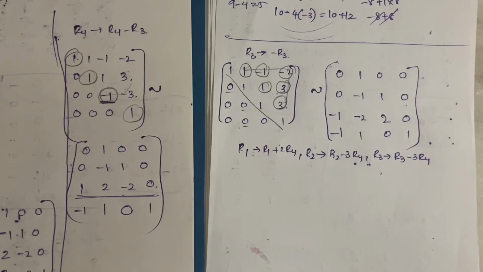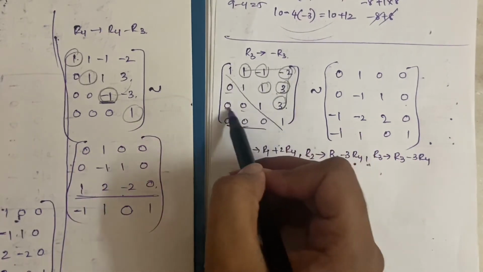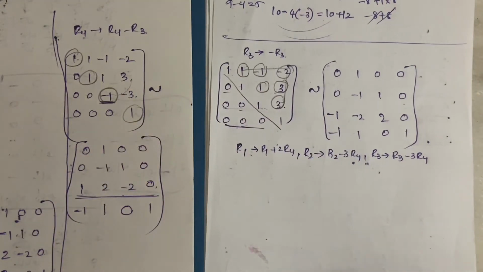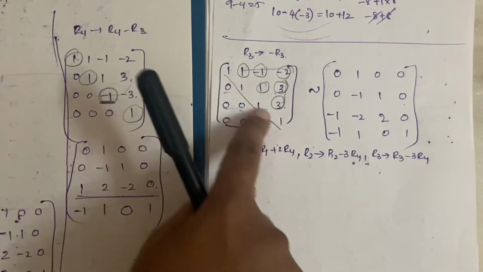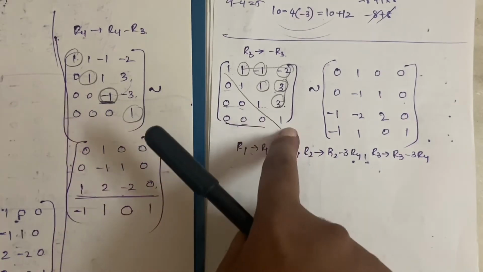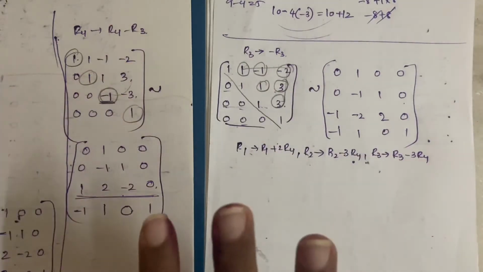Why are we doing the operations with R4 only? Because we have zeros here, so that these values will not change. These ones will not change when we are doing the operation. Got it? If instead of R4 we are using any other rows, these zeros may get disturbed. Since we are having all zeros here, only we are having 1 here, right? So except these 3 values, nothing will get disturbed.